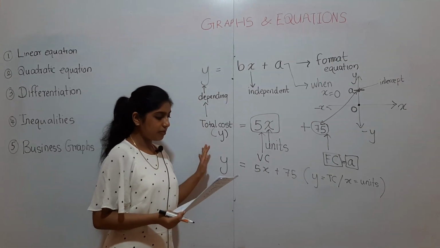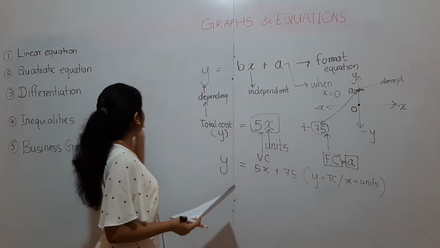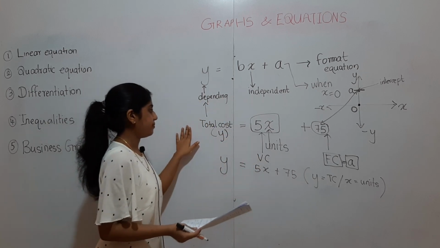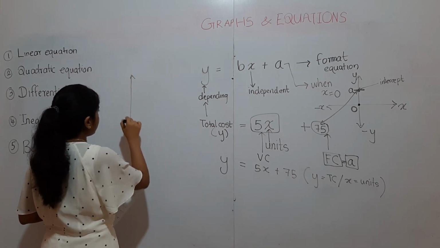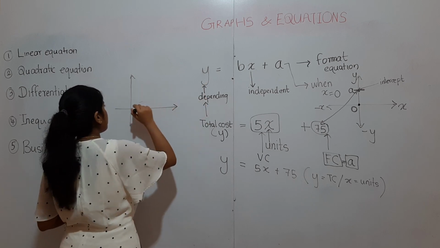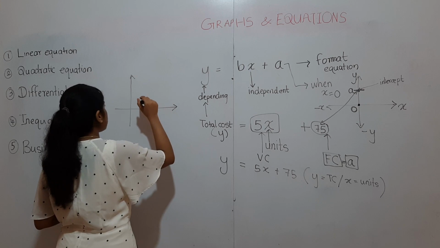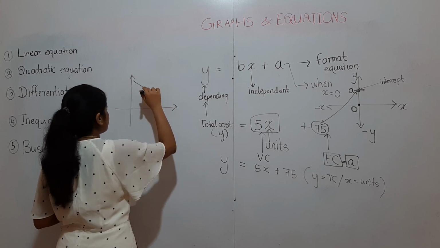This is one example of creating a linear equation. Linear equation, just to recall what is meant by linear, either if the gradient is positive, it will move this way.